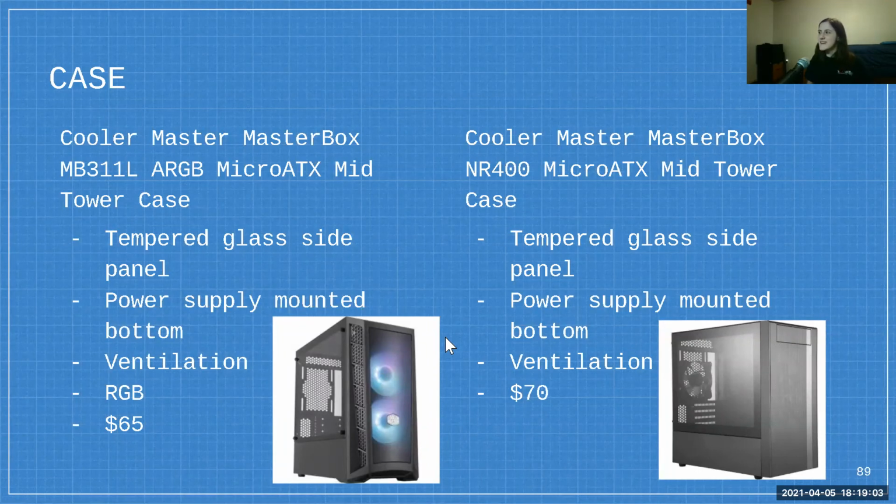So go ahead and either type MB311L or NR400 in the chat and wait to send it. And we'll see what case we're feeling. And if we're on different sides of this, I don't know. I think this one will be a landslide, hopefully. All right, everybody go ahead, tell me what case.